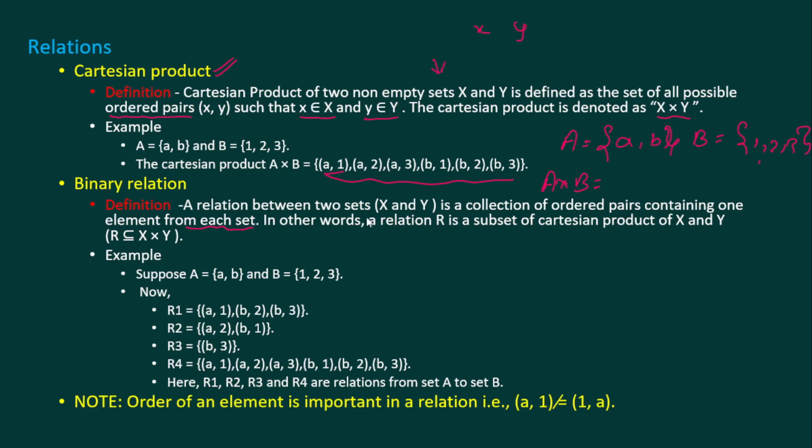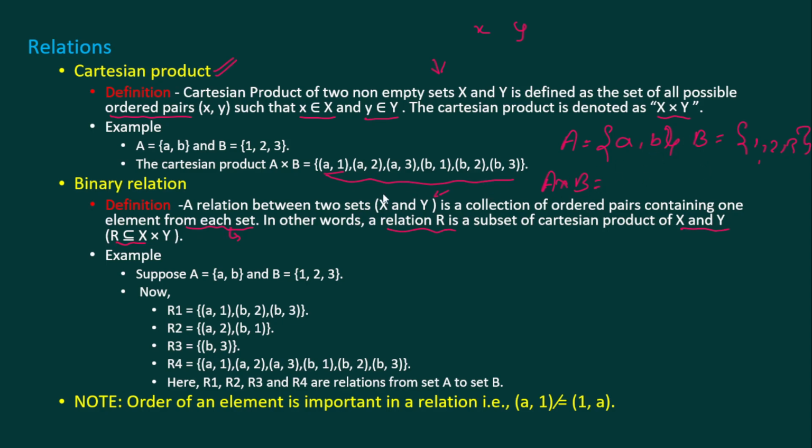From every set we must have one element. In other words, a relation R is a subset of the Cartesian product of X and Y. This is the symbol of subset.